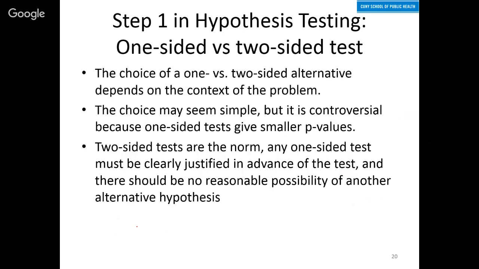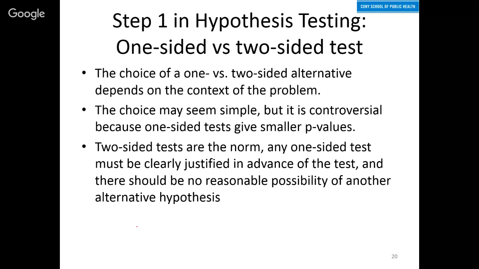And that choice between the one-sided and the two-sided test depends on the context of the problem, but it is controversial and very rare to use the one-sided test because it affects your p-values. And specifically, the one-sided test, if the directionality is correct, gives you a p-value that's only half as big, because you don't even count the probability in that other side of the test.